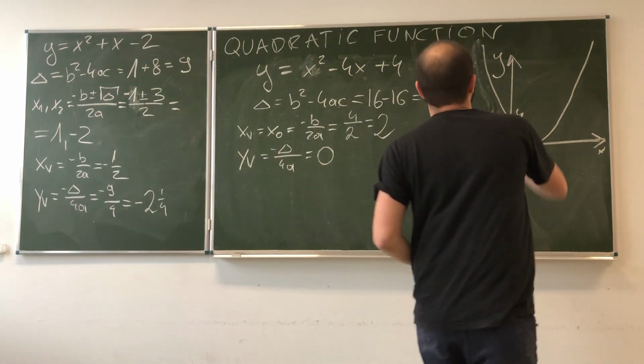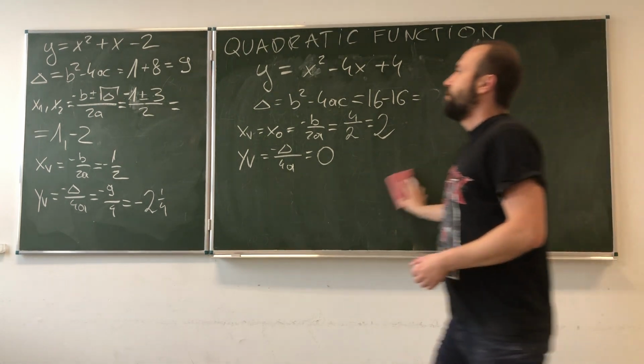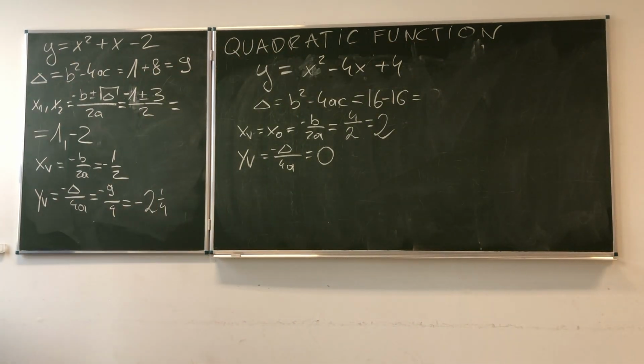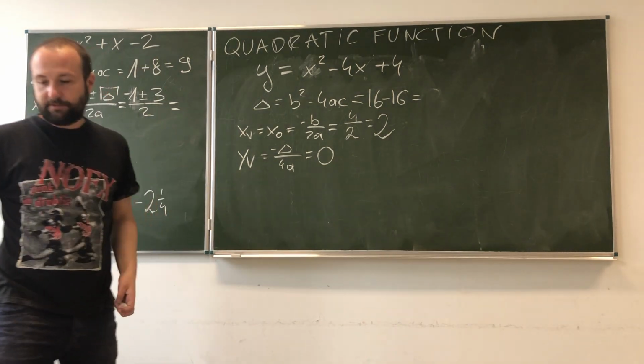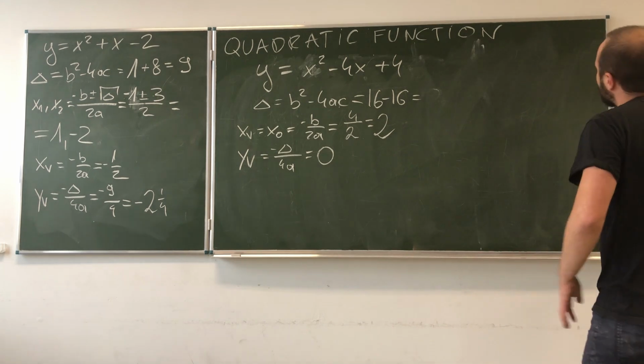And now we have enough information to draw the parabola. We of course again see that a is equal to 1, so the parabola will have hands up. Okay, so how do we draw it?